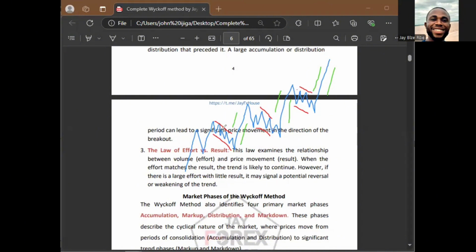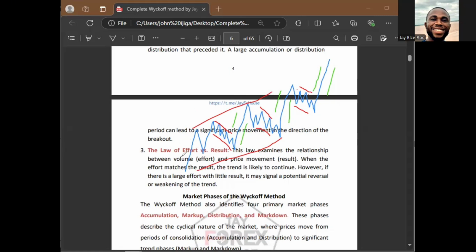But if it's impulsive to the upside, it's a markup. If it's impulsive to the downside, it's a markdown. But if it's corrective and the trend is bullish, then this is a reaccumulation. If it's corrective and the trend is bearish, it's a redistribution, because these are continuation patterns.